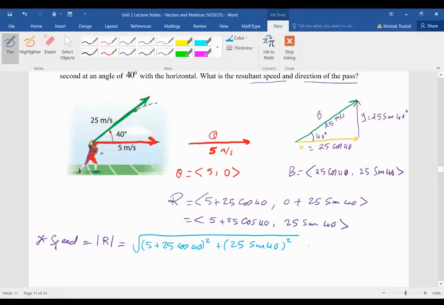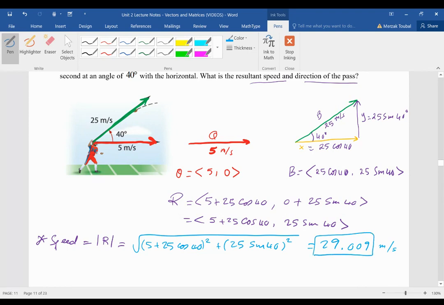So I got 29.008, just do 29. We rounded to three decimal places, sorry, so 29.009. Good. This should be in meters per second, because this is the speed. Okay, meters per second.